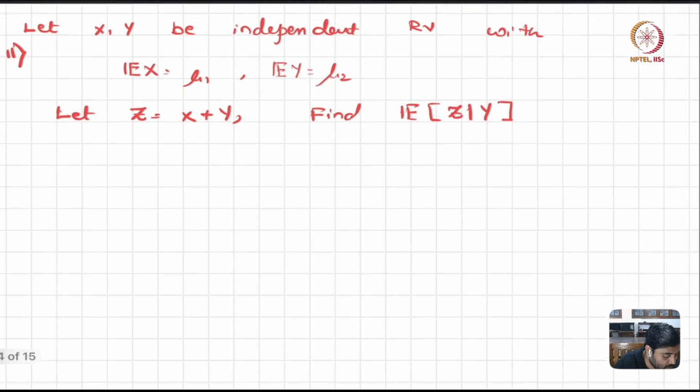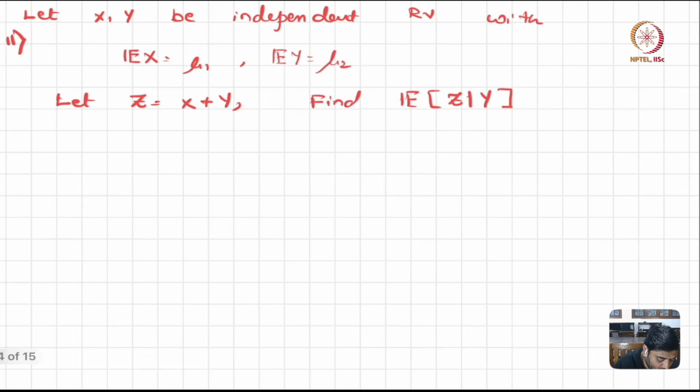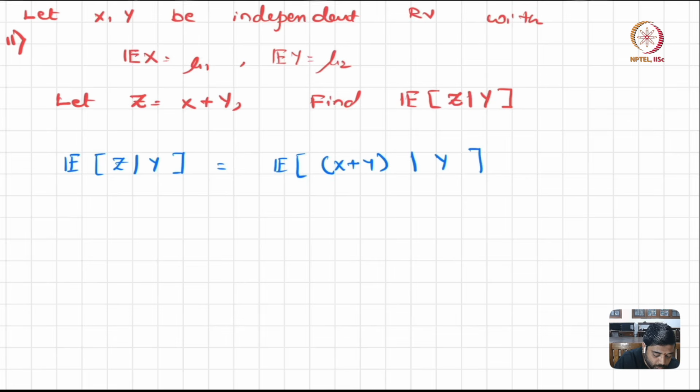Now let's try to do it. What do I have to find? I have to find the conditional expectation of z given y. This is the expectation of x plus y given y.